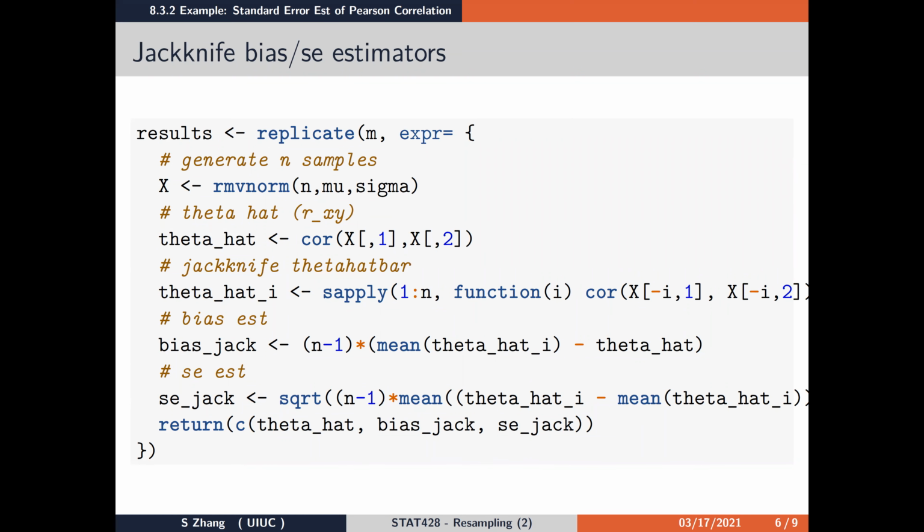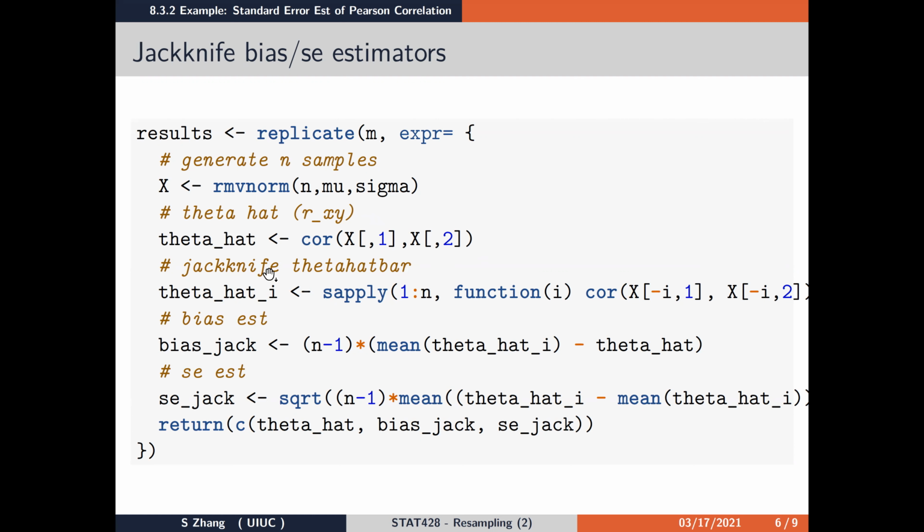Here's the code for obtaining the results. For each of the m equals 10,000 replications, we will first sample our x's from the multivariate normal distribution with mean 0 and sigma given by the covariance matrix. The theta hat, which is the Pearson correlation rho hat computed with the entire sample of 10 observations, will be the correlation between the first and second columns of our samples.